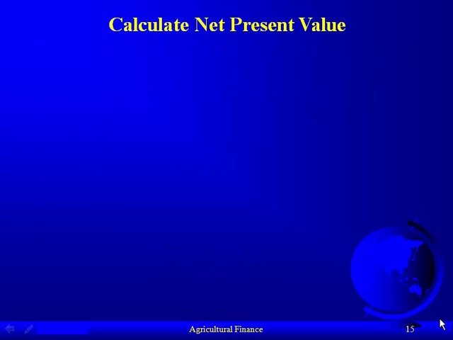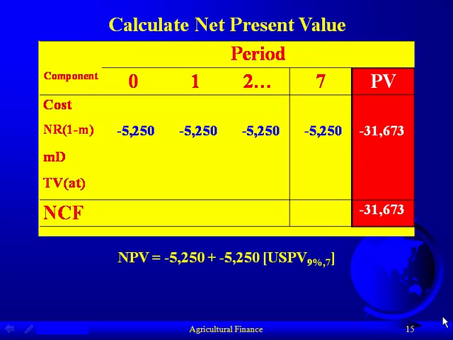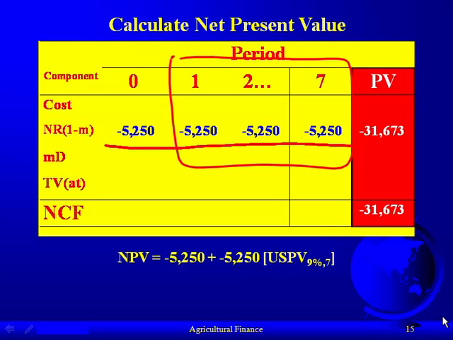To calculate the net present value, you can see that we have a uniform series of payments, and we can take 7 of these payments at the end of the period and bring those back using a uniform series present value factor. Remember, we calculated the discount rate for this problem. We're not pulling that 9% out of the hat. But notice that this is for 7 years, and the payment at the beginning of the period doesn't have to be discounted, so we just add it.